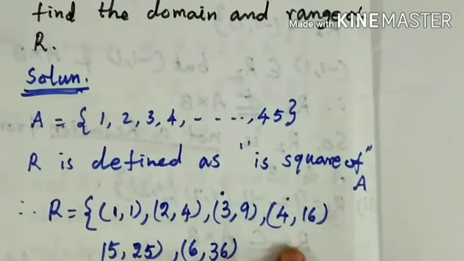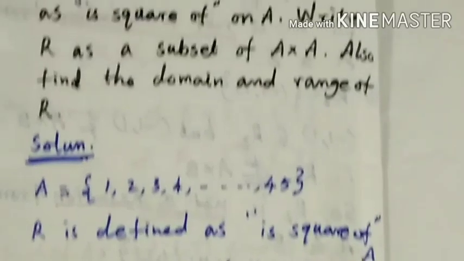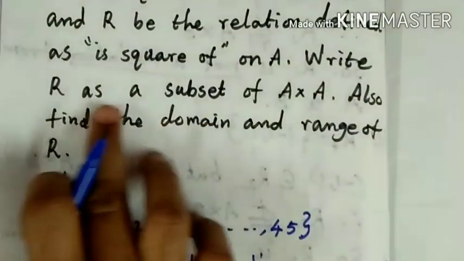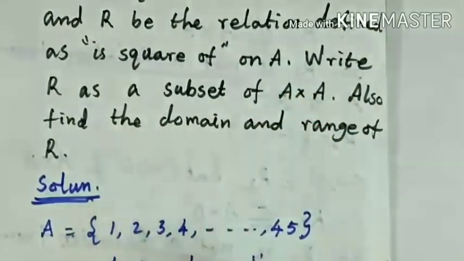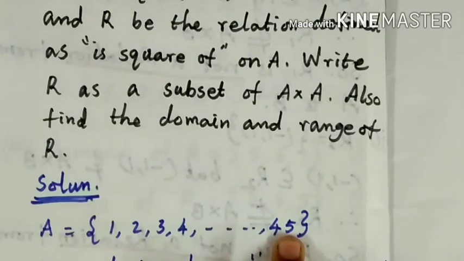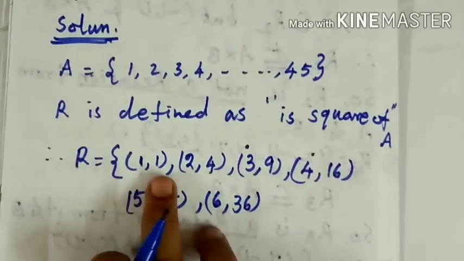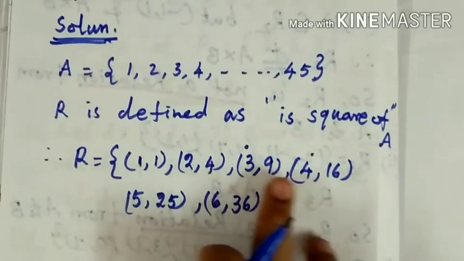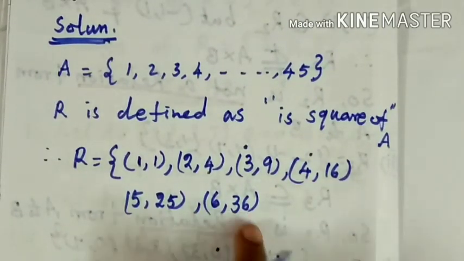So don't write (7, 49), because the question says write R as a subset of A × A, and A goes up to 45 only. So R = {(1, 1), (2, 4), (3, 9), (4, 16), (5, 25), (6, 36)}.